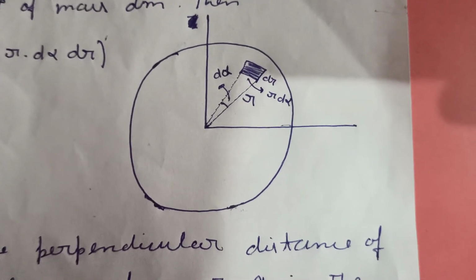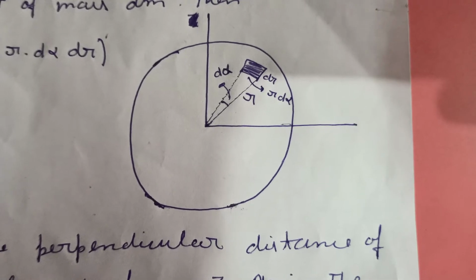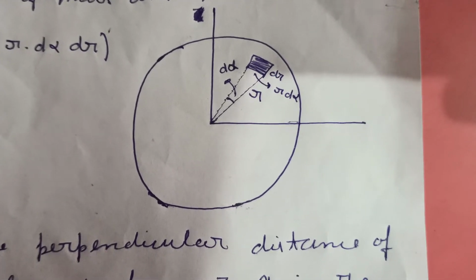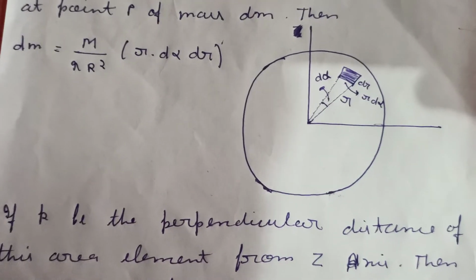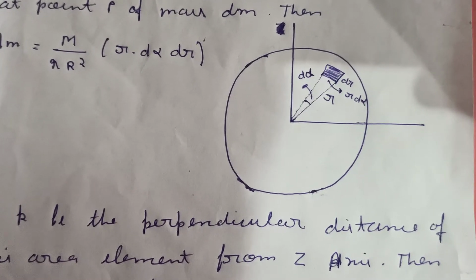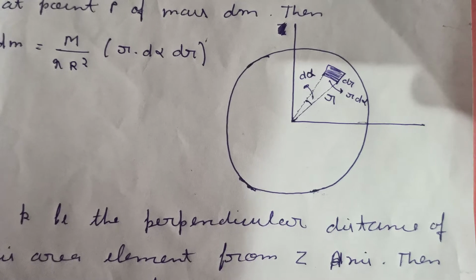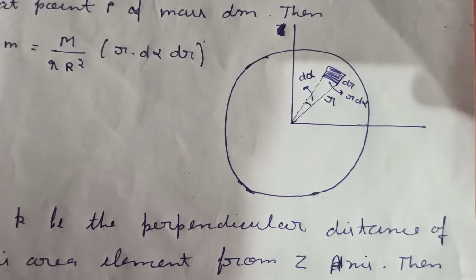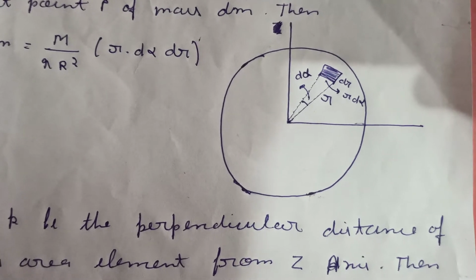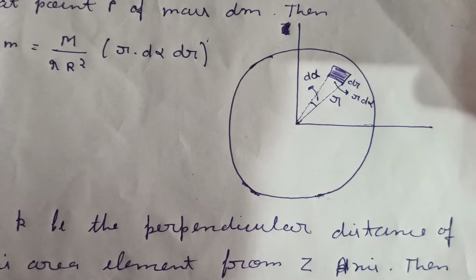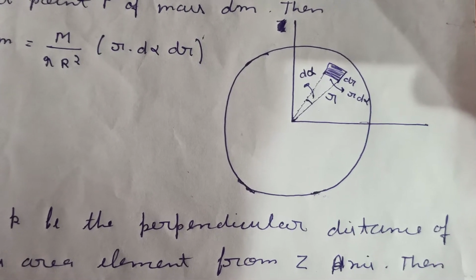Now if we consider an area element of mass dm at point P, then the area of this element will be dr into r d alpha. We can see in the figure that one side of this area element is dr and another side is r d alpha.